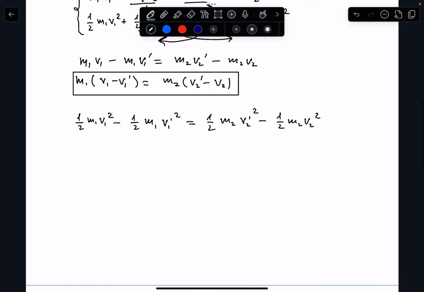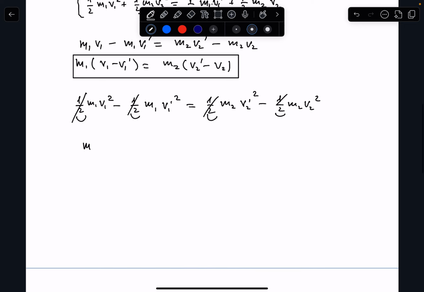They all have the same coefficient, 1 over 2, so it cancels out. Then, taking m1 outside the bracket, it becomes m1 times (v1 squared minus v1 prime squared) equals m2 times (v2 prime squared minus v2 squared).